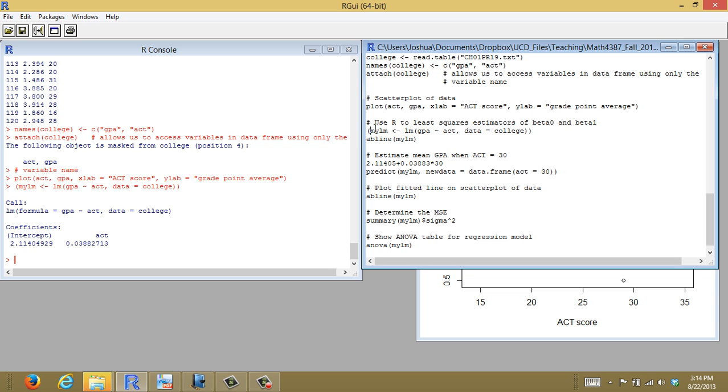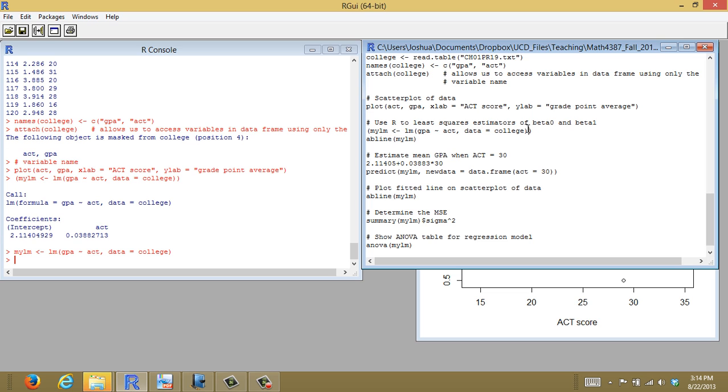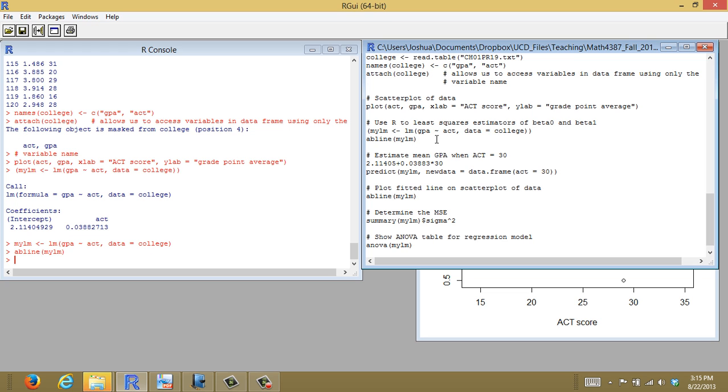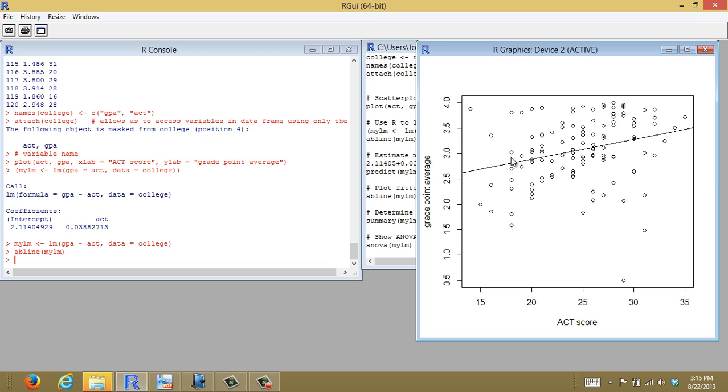Whereas if I just did my lm without the parentheses, it would simply store the information in my lm. So these parentheses on the outside edges tell R to actually display the information from the lm command. So you can see that we have our estimated intercept and our estimated slope. And if I want to add that line to my observed data plot, I simply use the abline function. So I run that using the Control R command, and there's our least squares line plotted on the observed data.